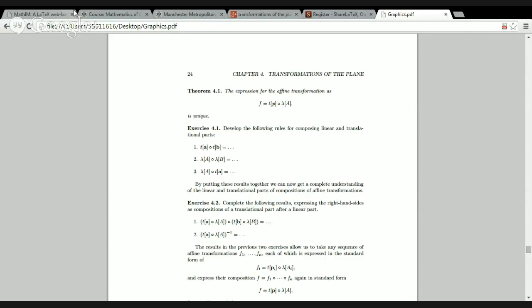Well, there's a little bit of a discussion paragraph there at the bottom of page 24 about affine transformations. Because they're made up of linear transformations and then a translation, linear transformations always send lines to lines. If you take any line in the plane, apply a linear transformation to the whole plane, that line will move to another line. It might stay the same line.